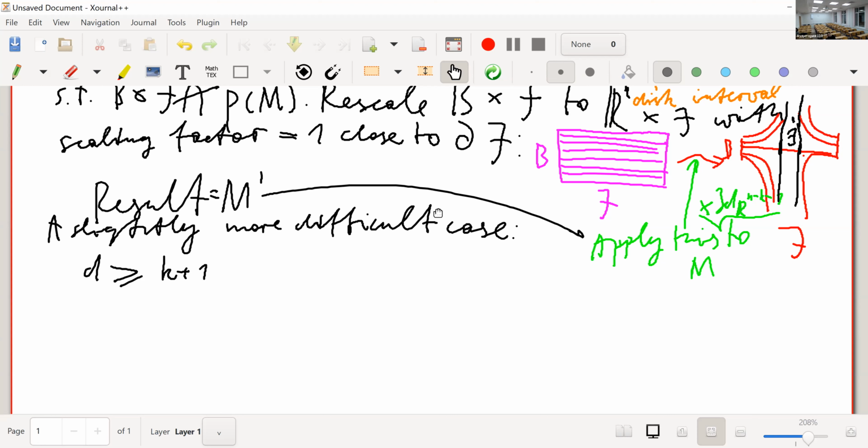Okay, now let's consider the case d greater than or equal to k plus 1.